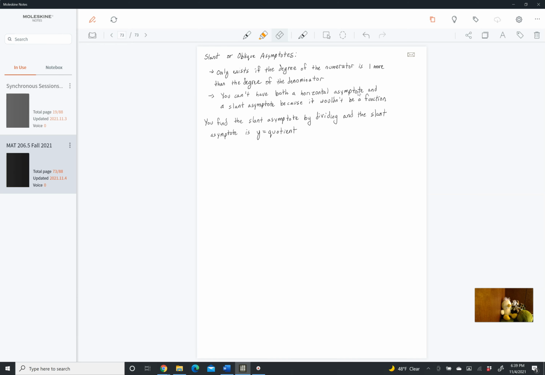Okay, why is this true? So let's just go back a second to when we did division. So when we did division, we said that our dividend over our divisor, which is what a rational expression is, dividend over divisor, is equal to quotient plus a remainder over divisor.